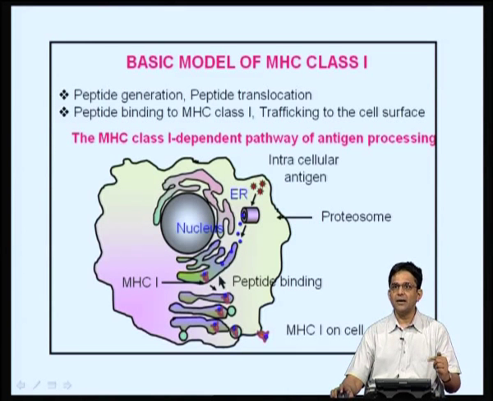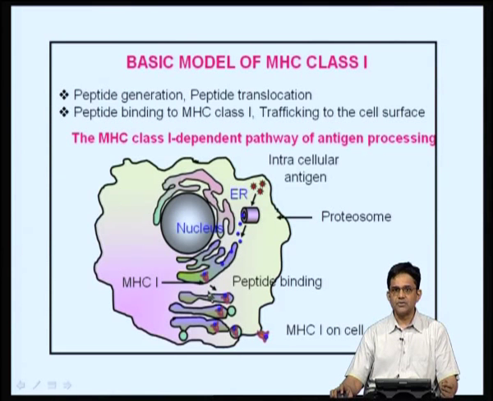Why the ER? Because the ER is the place where the MHC class 1 molecules assemble. This translocation from the cytosol to the ER is done by the transporter associated with antigen presentation and processing, known as TAP. The TAPs are localized in the ER, and these are ATP dependent, and so the peptide ends up over here.